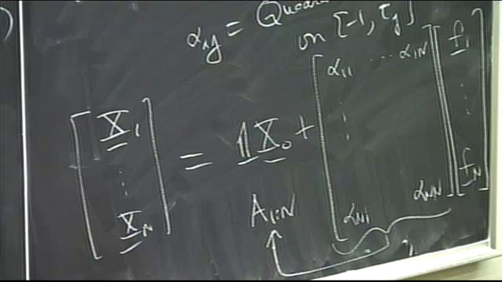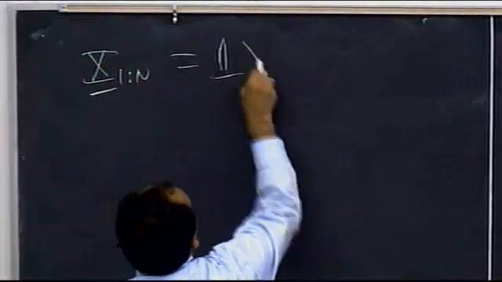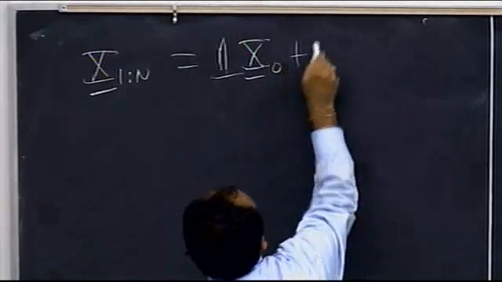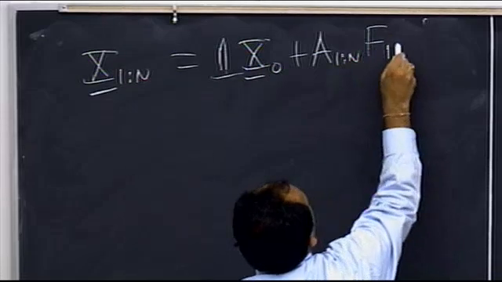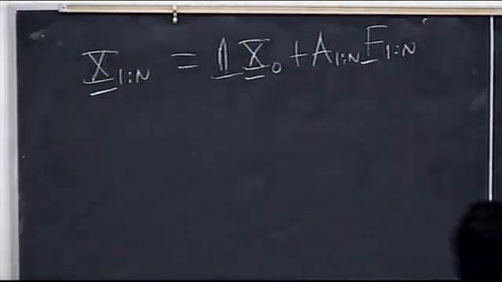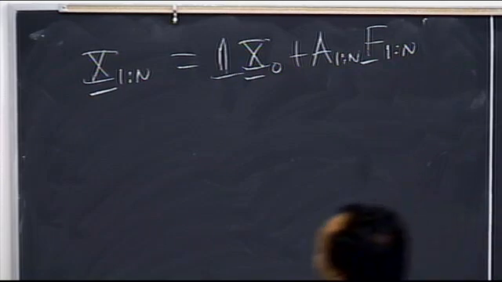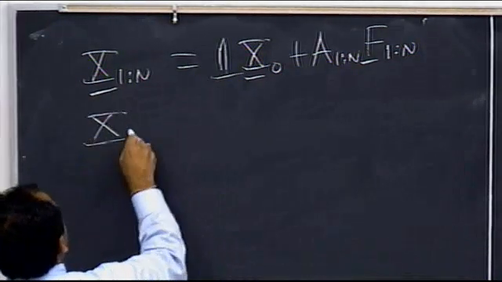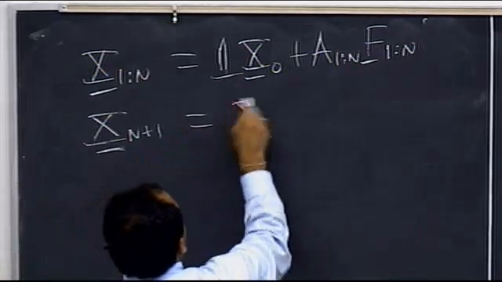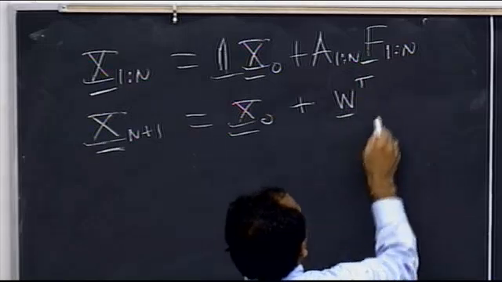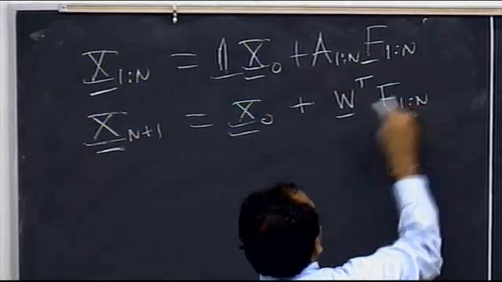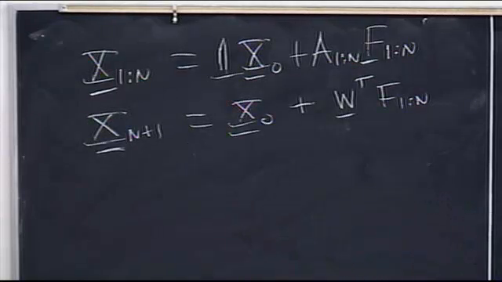So I get x1 to n is equal to 1 times x0 plus A1 to n operated on f of 1 to n. And I get this final equation, which says x n plus 1 is equal to x0 plus w transpose times f1 to n, where that's just a vector of those standard Gauss quadrature weights.